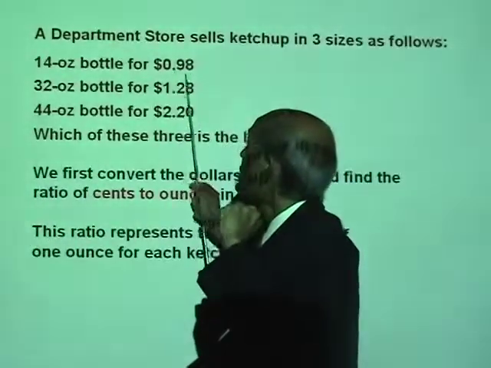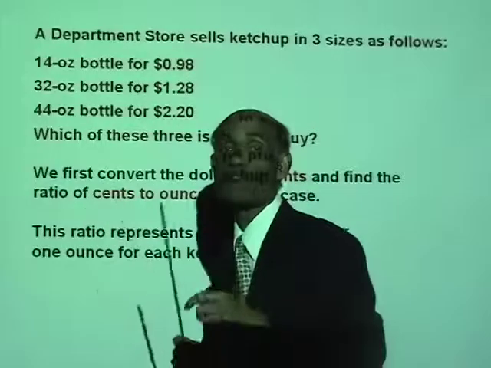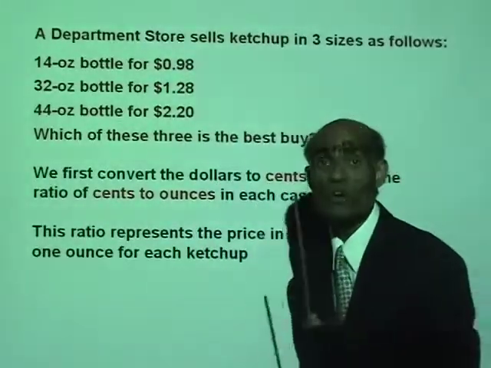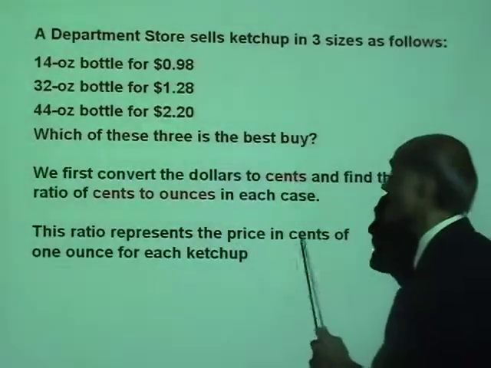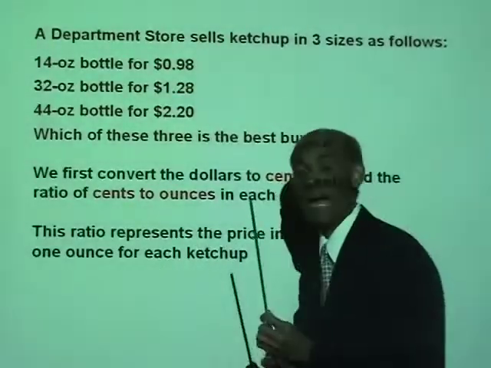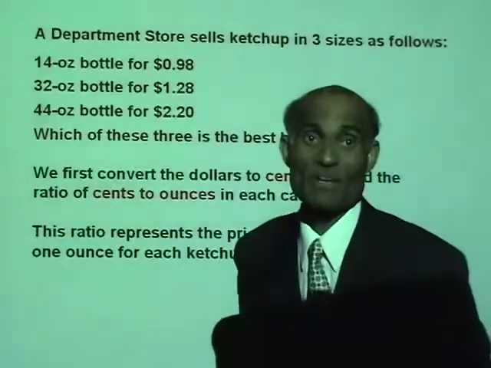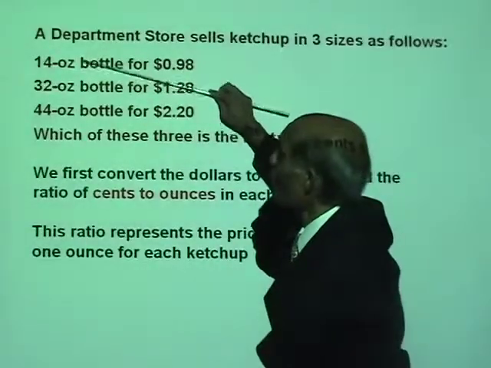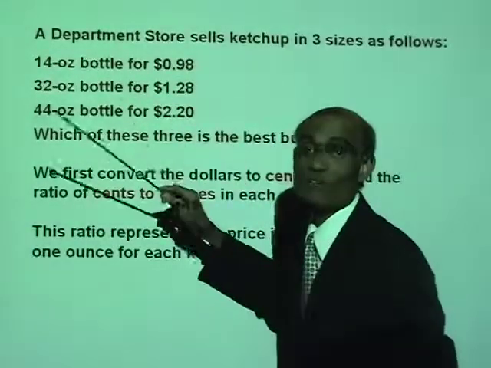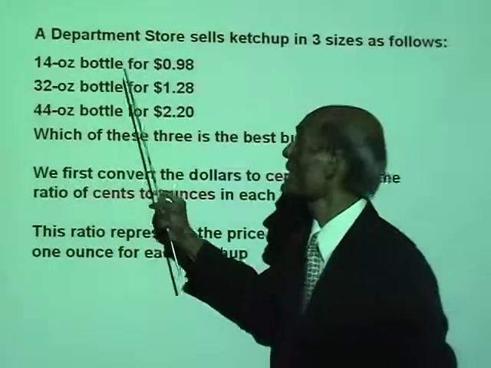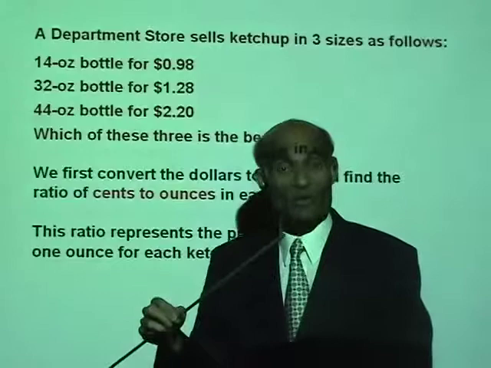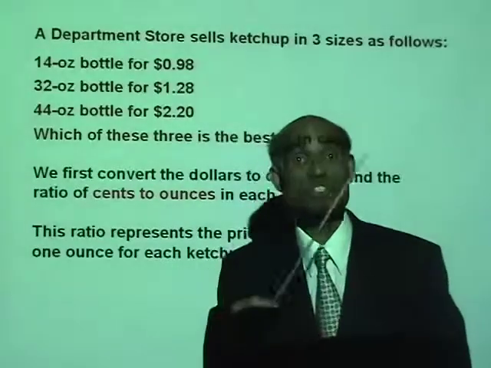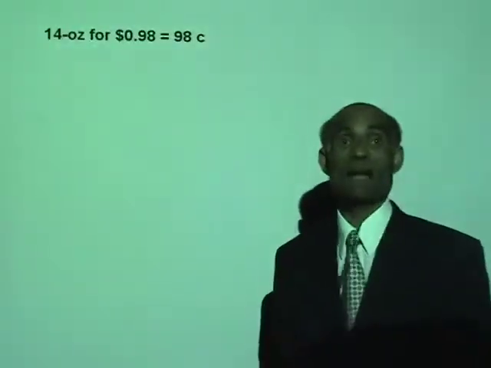That will be 98 divided by 14. Now, we will do that for all the 3. If you can calculate how many cents for 1 ounce of ketchup for each of the 3, then you can decide which is the best buy.